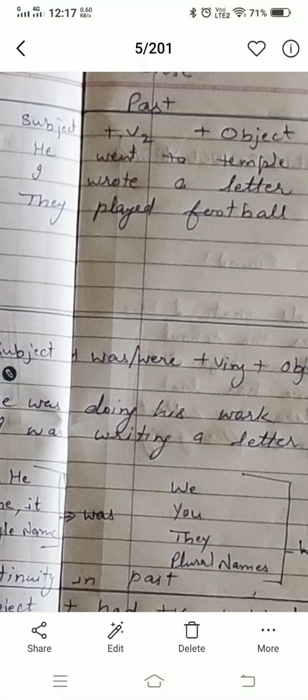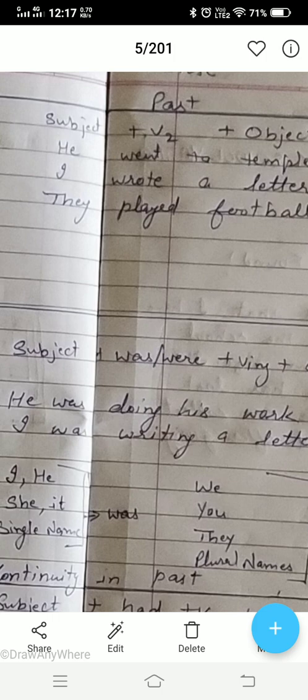In simple past we have subject, second form of verb and object. Example is he went to temple. He subject, went, second form, to temple again complementary. I wrote a letter.